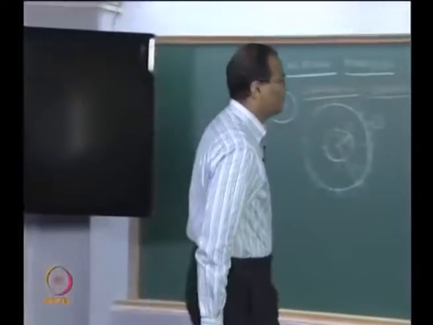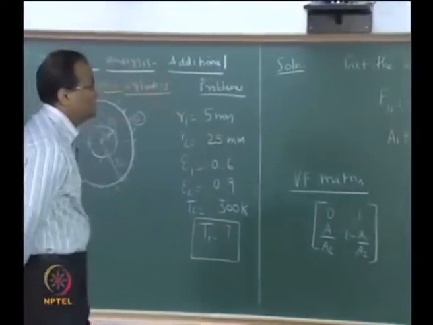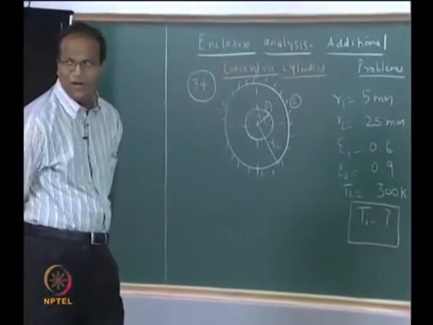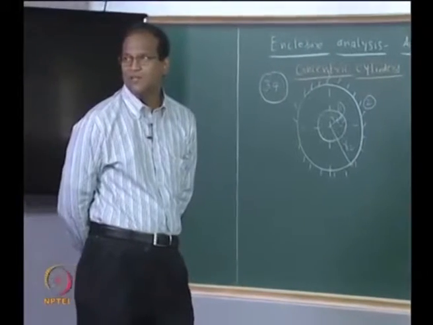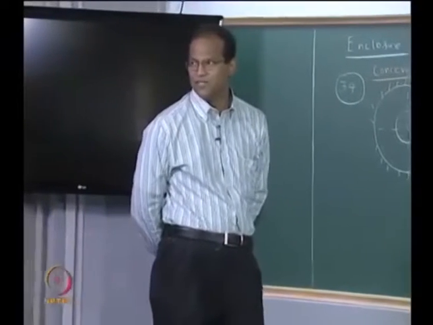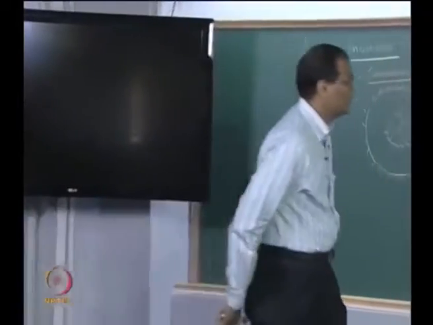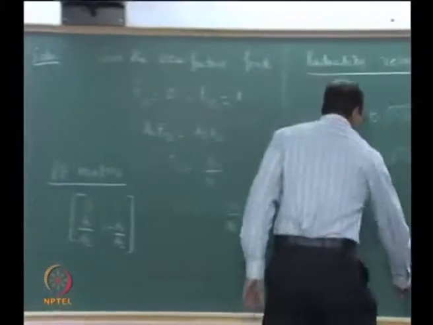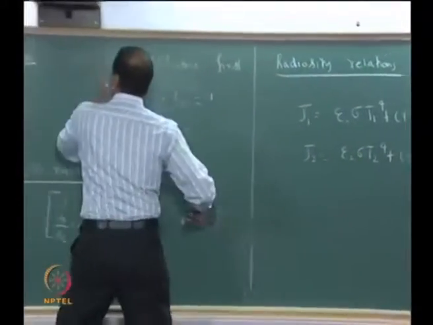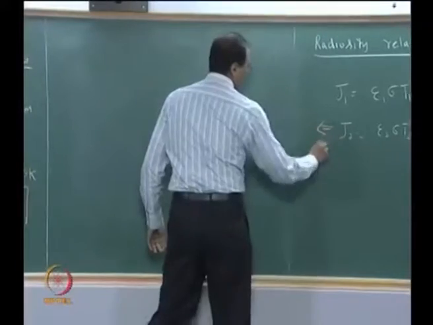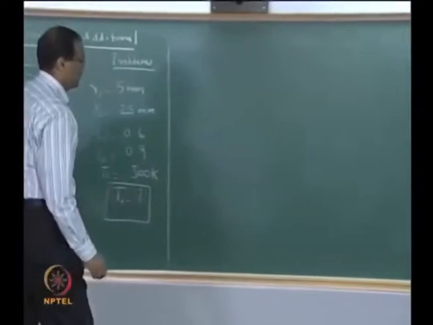Now what do we do now? The easiest thing is to substitute for J2 in equation 1 and slowly collect the terms involving J1, put them to the left hand side, solve for J1 and then proceed further to get J2, alright. So I will do this. Now I want to have the full board, let me use the full board, okay.